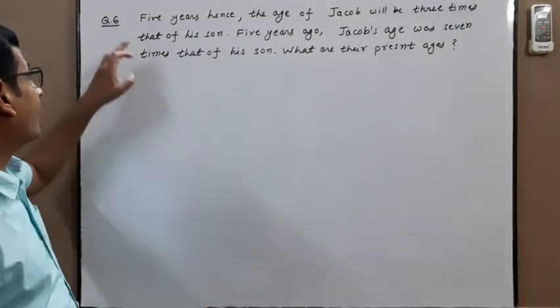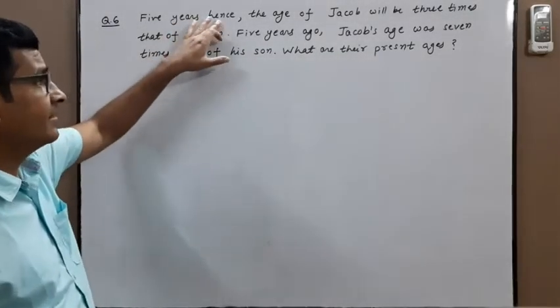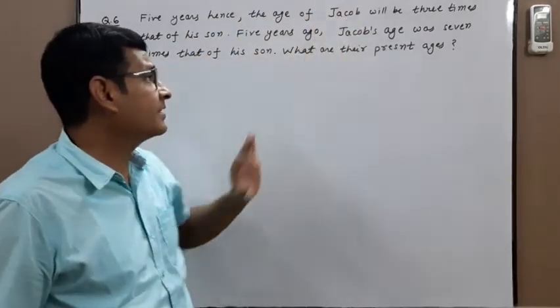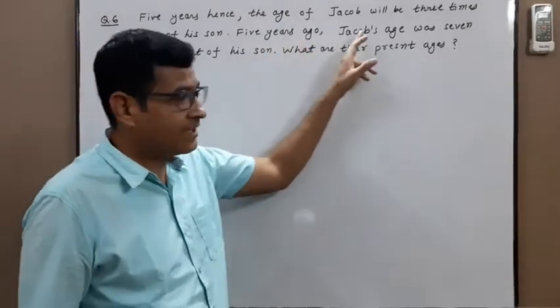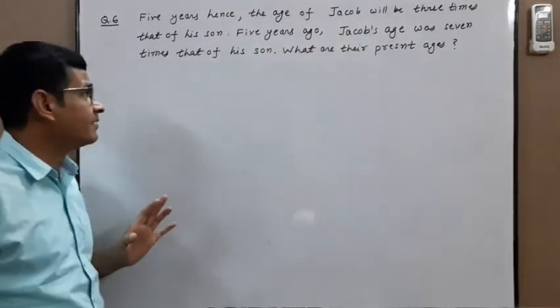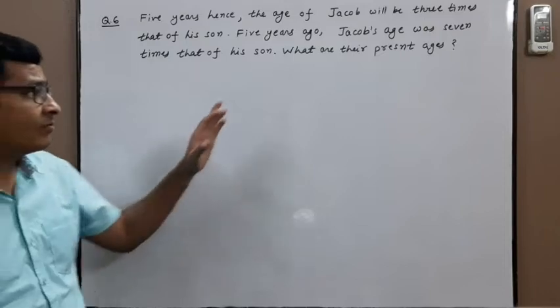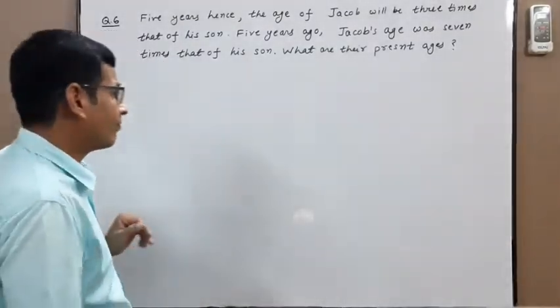Next problem. 5 years hence, the age of Jacob will be 3 times that of his son. 5 years ago, Jacob's age was 7 times that of his son. What are their present ages?